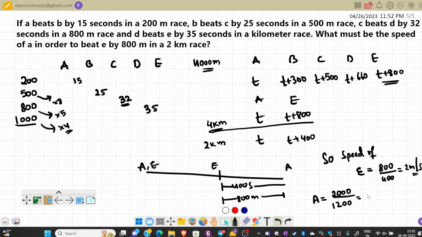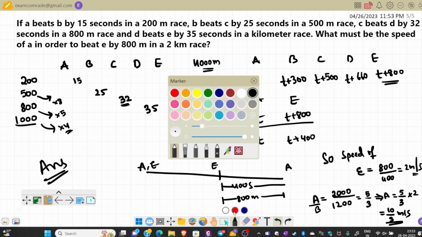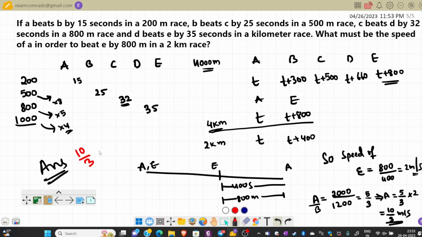So it will be in the ratio of 5:3. So A is to B is 5 by 3, which implies A is equal to 5 by 3 into 2, that is 10 by 3 meters per second. The answer is 10 by 3 meters per second.